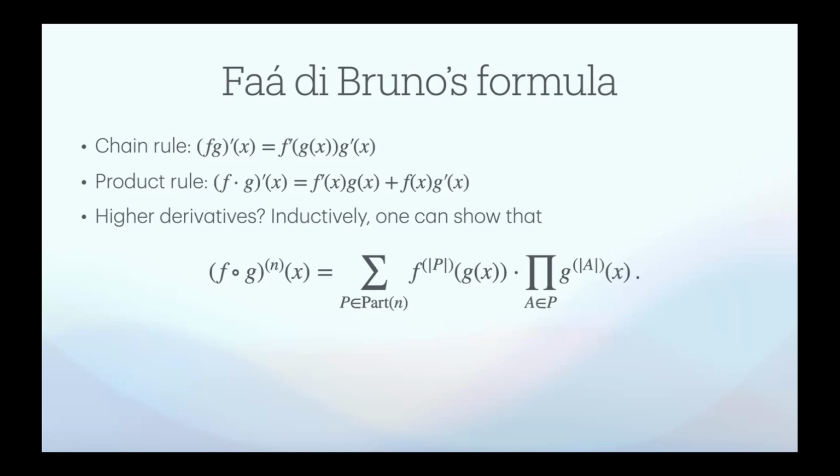And the A inside the partition are the individual parts of the partition. Yes, the individual parts. Since P is a partition of the n element set, A is a subset of the n element set. So we can count its elements here.